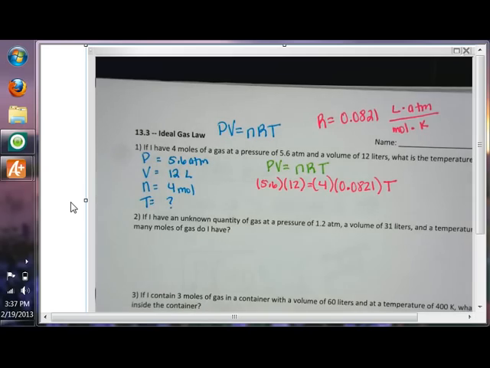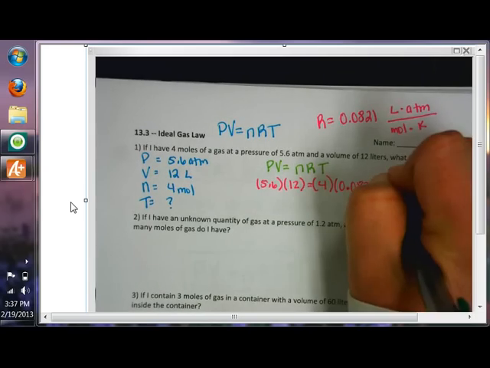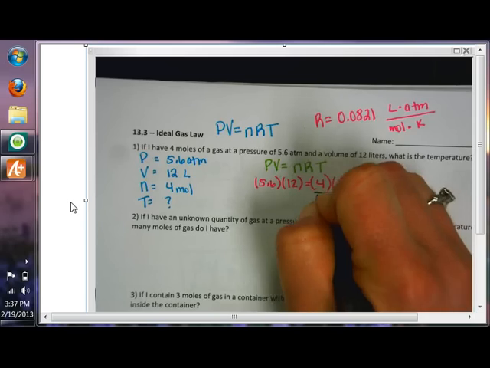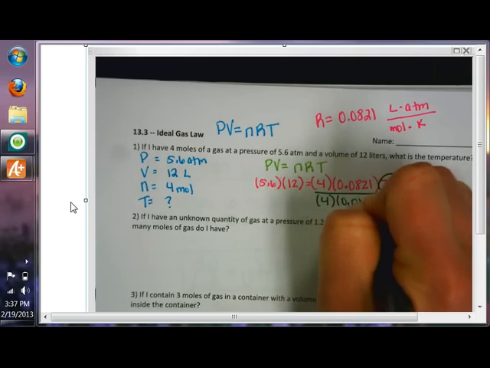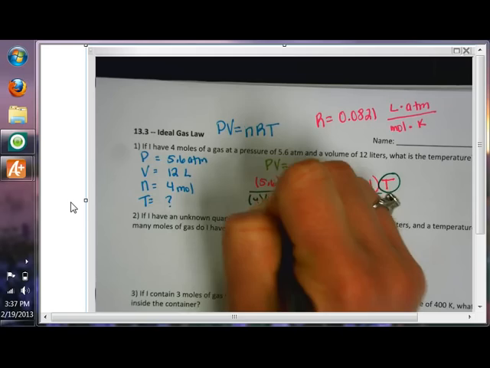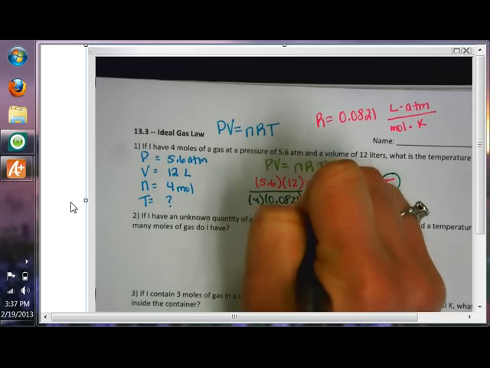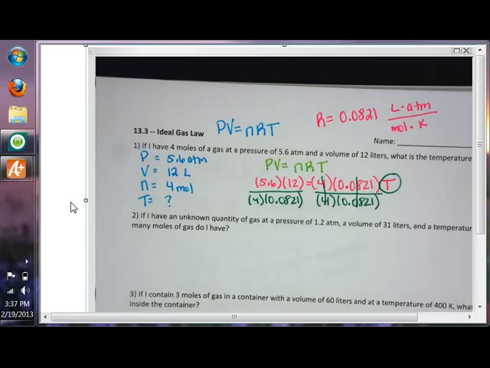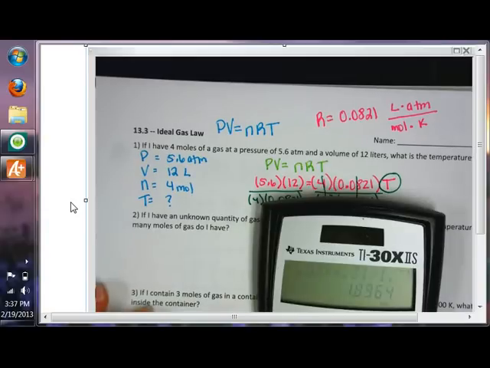So I want to solve for temperature, so I'm going to circle this guy. I divide each side by 4 and 0.0821, so I cancel out those guys, and I'm going to type that into my trusty calculator. On, clear.